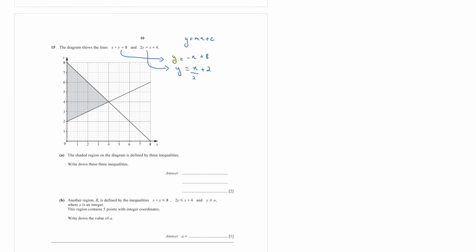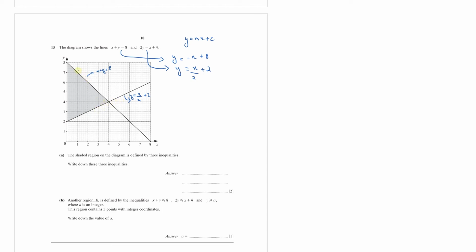So the line represented by this equation, the gradient is negative 1, and here the gradient is 1 by 2. So basically, this line is x plus y equals 8 with the negative gradient, and this line is with the positive gradient. The equation is y equals x over 2 plus 2.